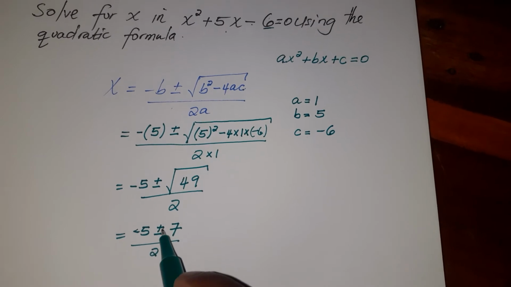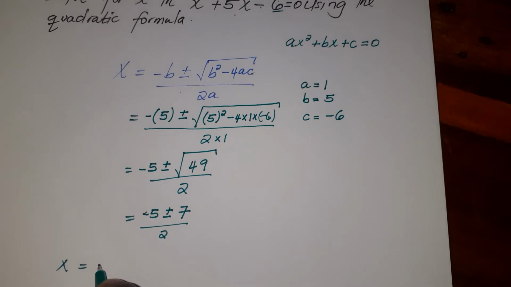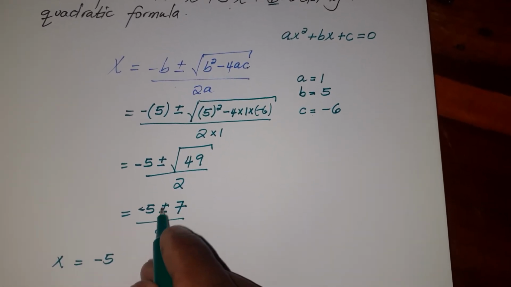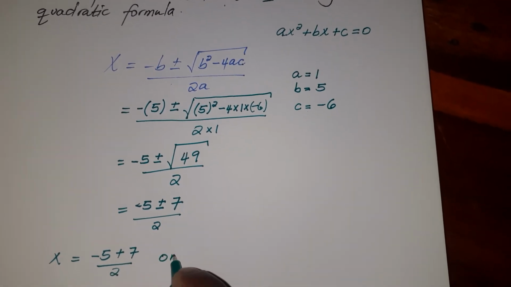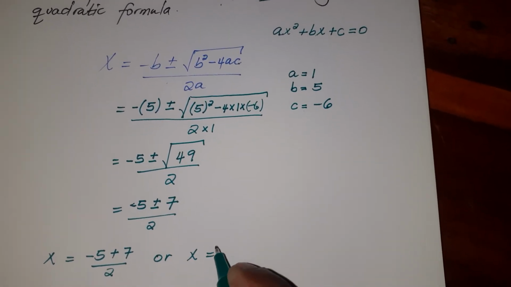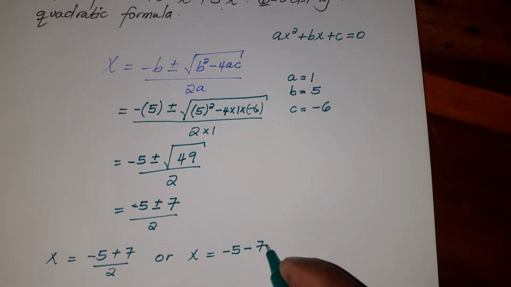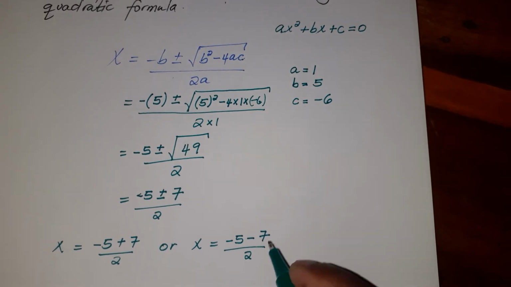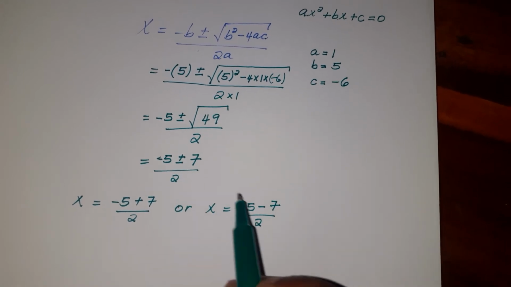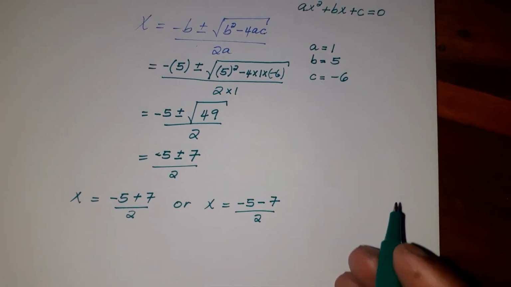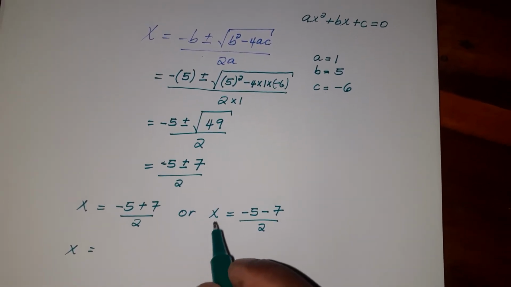Now since we have plus minus, we can now write x equals minus 5 plus 7 over 2, working with the positive sign first, or x is equal to minus 5 minus 7 over 2. Again, the first one we're working with a positive sign, the second one we're working with a negative sign, so let's not forget that.